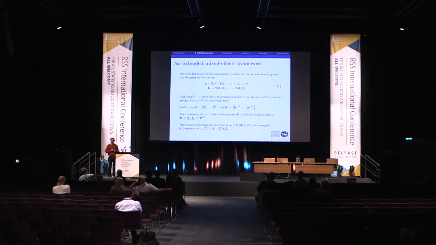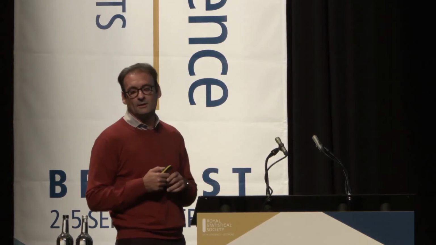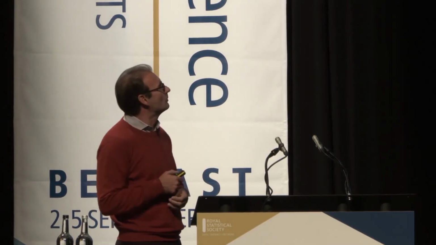Following the link between multi-level mixed effect models and meta-analysis, we developed this extended mixed effect model for meta-analysis, reported in the first equation. This is the usual linear mixed effect model. Here the vector yi represents the vector of effect sizes in group i.